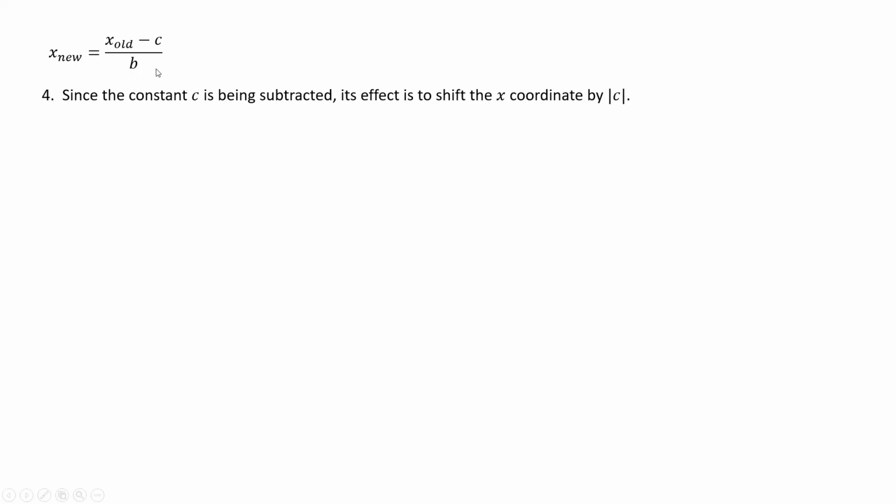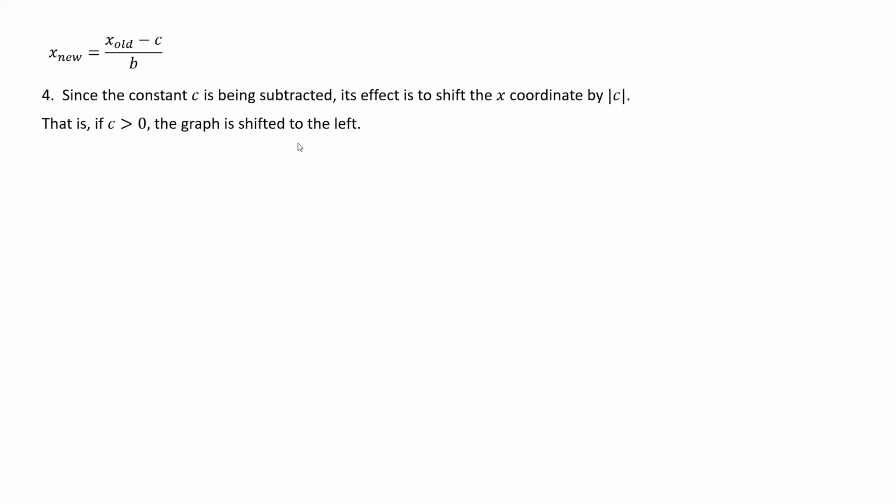But when you have C, the effect of C is to shift to the left or to the right. By how much? By whatever that absolute value of that C is. That is, if C is greater than 0, the graph is shifted to the left. Really? Can you see why that would be? If C is greater than 0, the graph is actually shifted to the left.